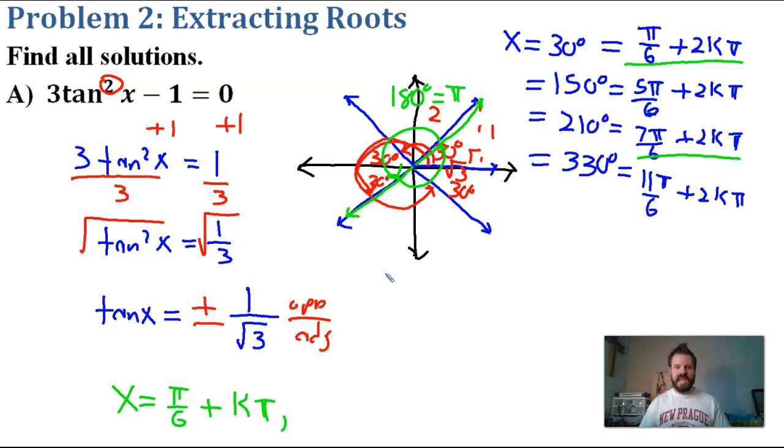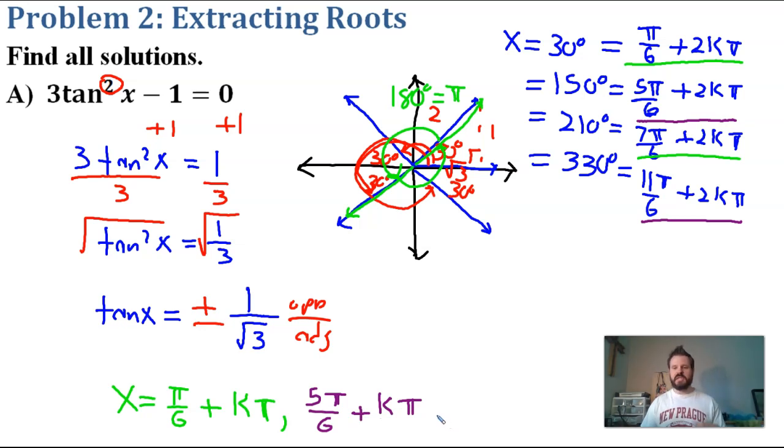Okay, I can do the same thing with the second and fourth solution. And really, anytime I have solutions in opposite quadrants like this, diagonal from each other, I'm going to be able to combine them. So same idea, I can take this 5 pi over 6 and the 11 pi over 6 and write that as a single solution as 5 pi over 6 plus k pi.